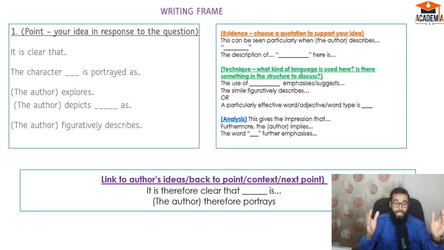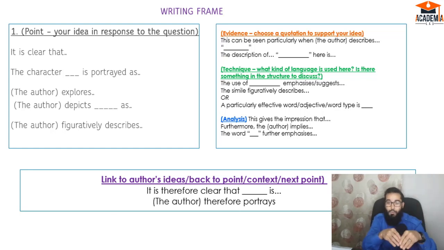Now, technique: what kind of language is used here? You need to tell us what kind of language is used after the evidence. So you've got your point, you've got your evidence, and then you tell us what type of technique is used in this evidence that you've given. Is there something in the structure to discuss? For example, alliteration, personification. Is it a metaphor that the author has used in this evidence in order to speak of the point that you've mentioned?